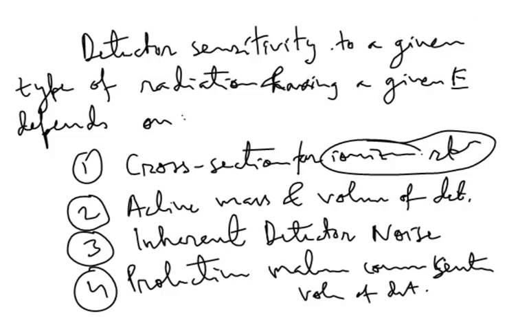Now note that even if ionization is produced in the detector, a small minimum amount is necessary in order for the signal to be usable. This lower limit is determined by the noise, which I was saying again and again, of the detector and the associated electronics.